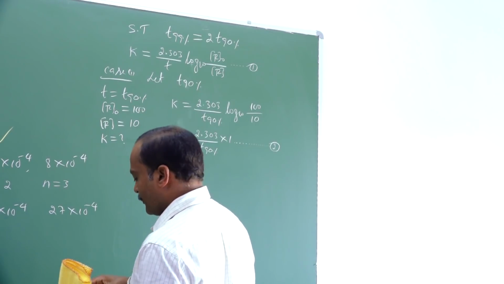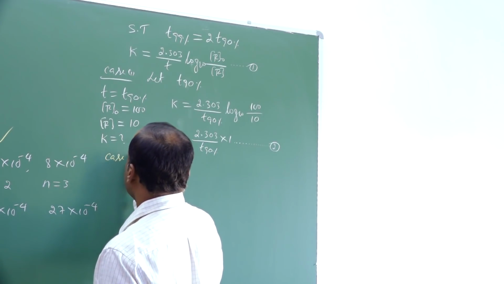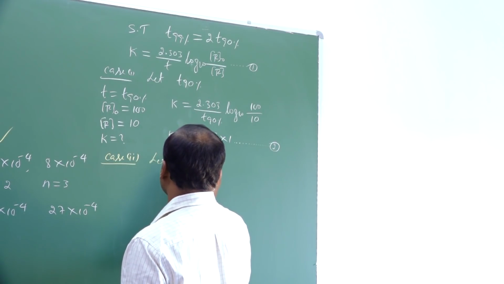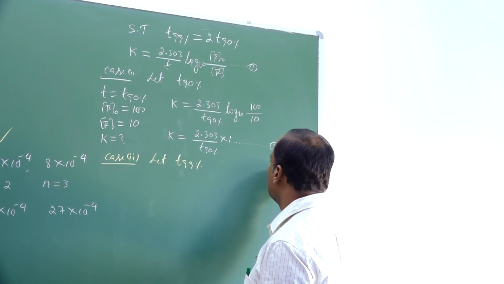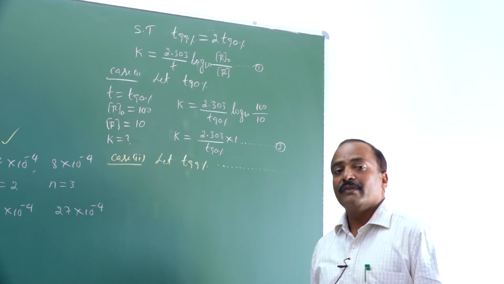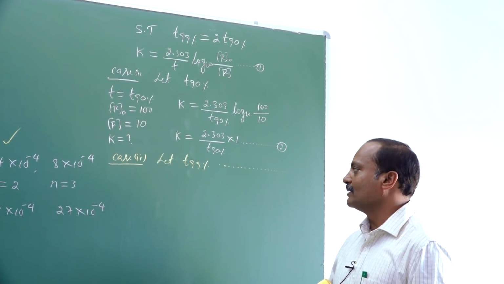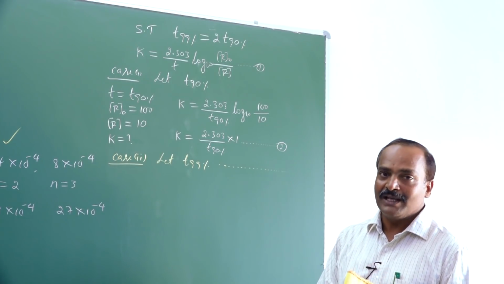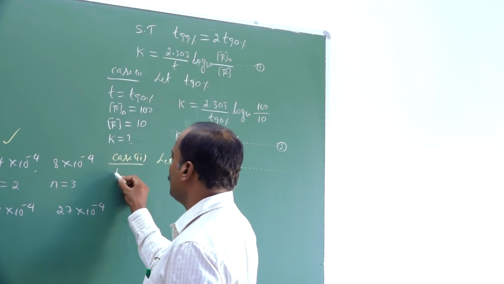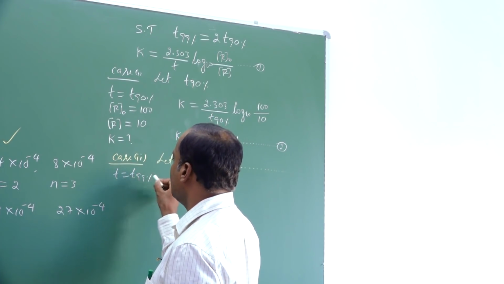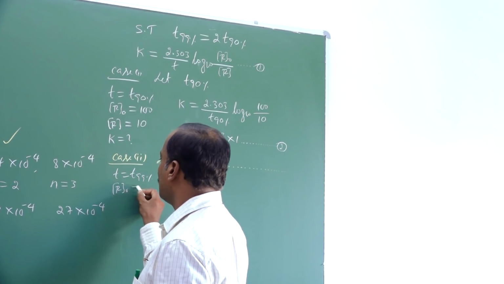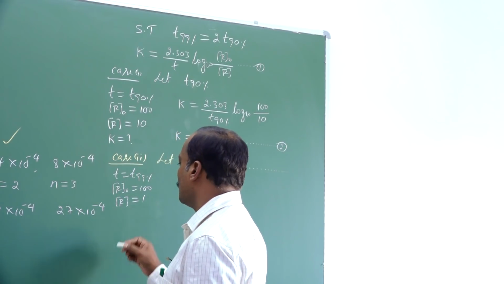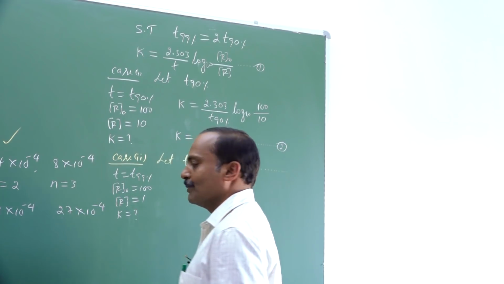Case 2. Let T99% be the time taken for 99% completion of the reaction. t = T99%, R naught is equal to 100, and R is 100 minus 99, which is equal to 1. k is equal to what?